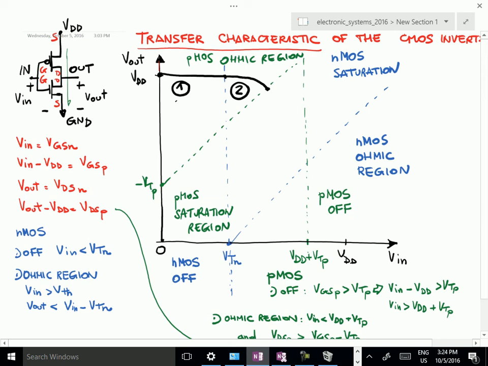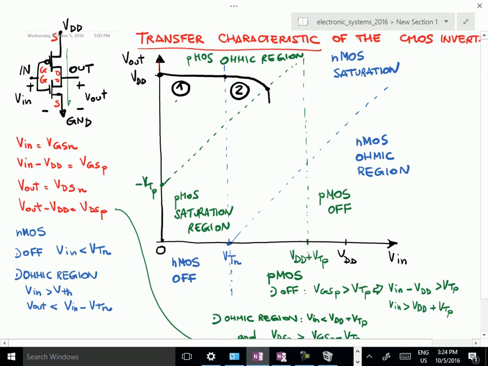They are crossed by current, and since I am increasing Vin, I'm biasing more in the conducting state the NMOS and less in the conducting state the PMOS. So the voltage drop on the PMOS is going to increase, and the voltage drop on the NMOS is going to be reduced, so that the output is going to go down.